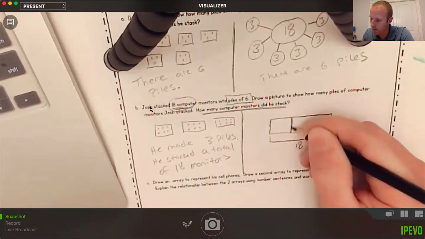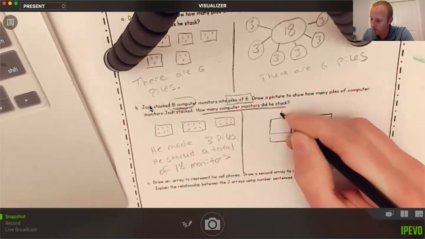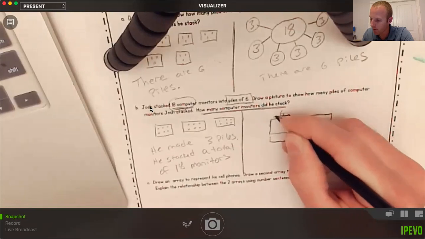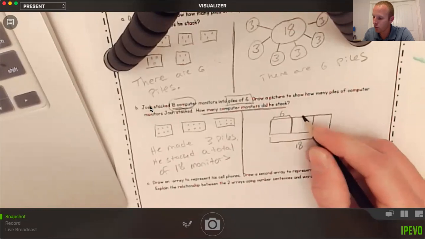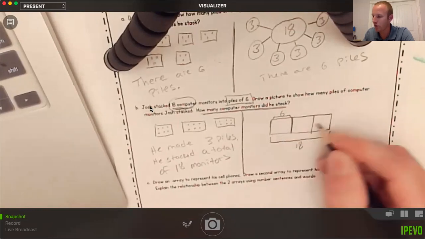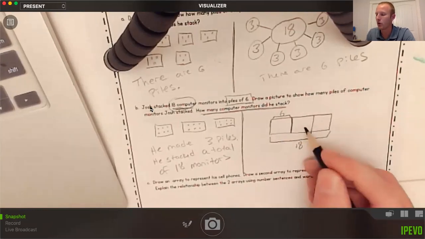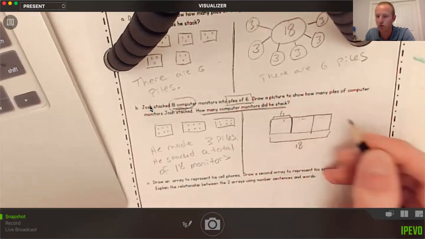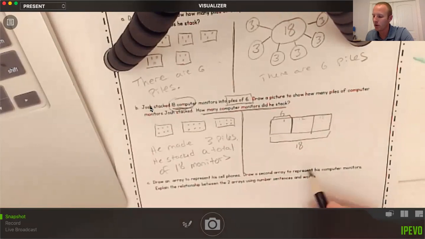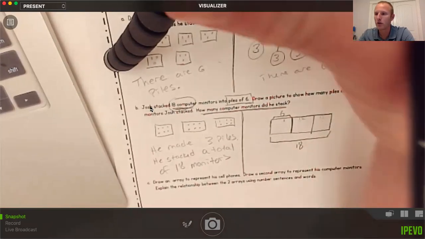So I have 6 there. Label it 6. So 6, 12, 18. I make 3 groups to show that there are 6, 12, 18. If that helps you, you can write them in here like 6, 12, 18, as you count by 6.